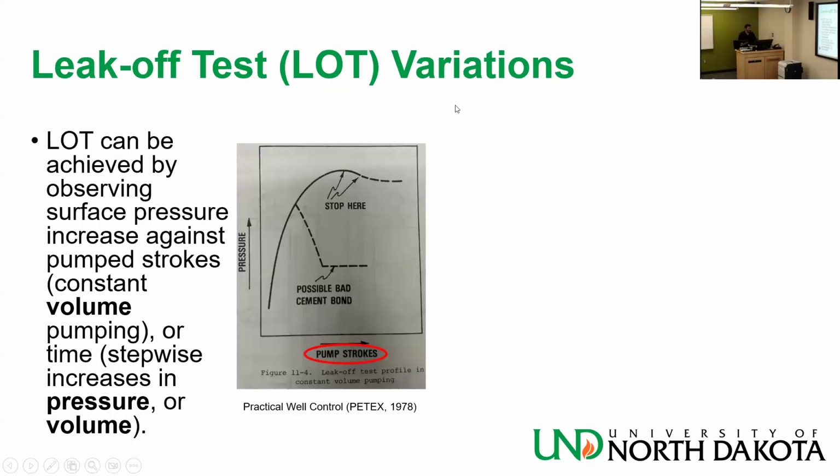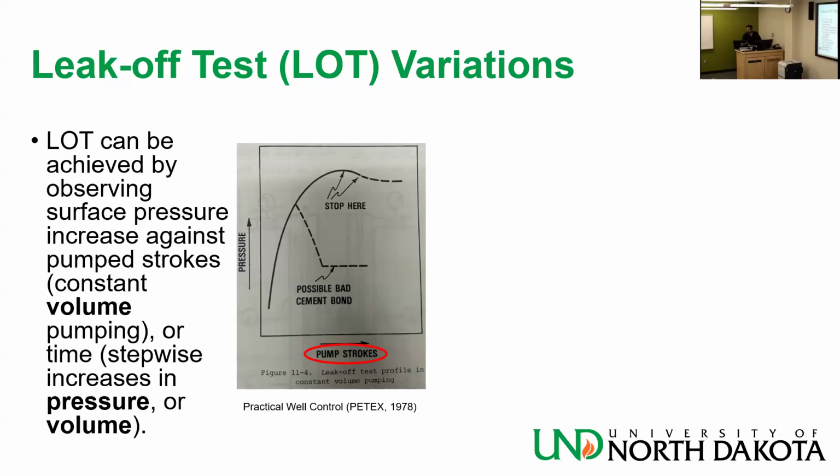Sorry. Here, you pump strokes, the pumps are measuring, the drilling pumps, the mud pumps are pumping strokes. And you see how the pressure increases, and there is a point where the pressure stops increasing, even if you pump an equal number of strokes, and every stroke is a fixed volume.